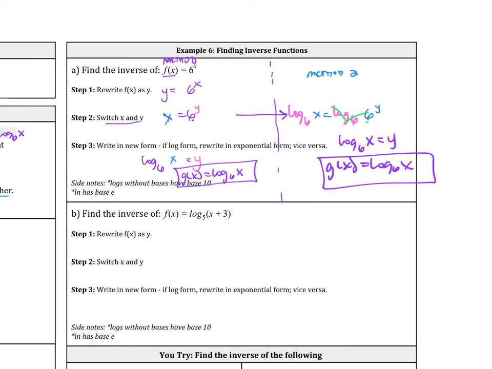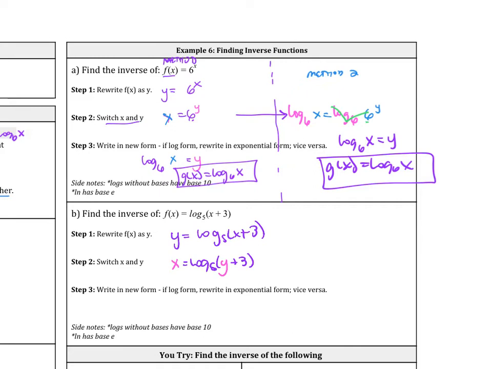Find the inverse of f of x equals log base 5 of (x plus 3) in parentheses. So we write this as y equals log base 5 of x plus 3. Then you switch the roles. So x equals log base 5 of y plus 3.